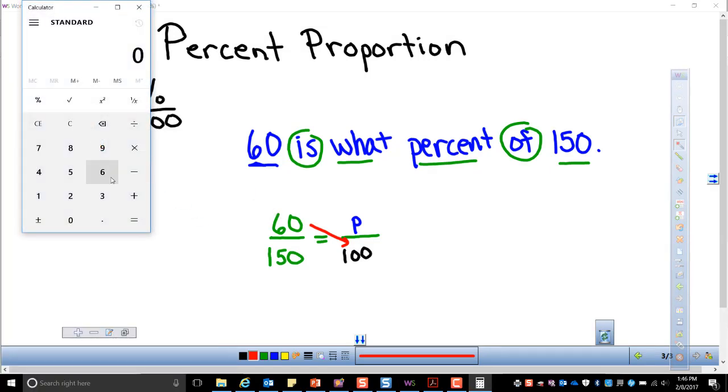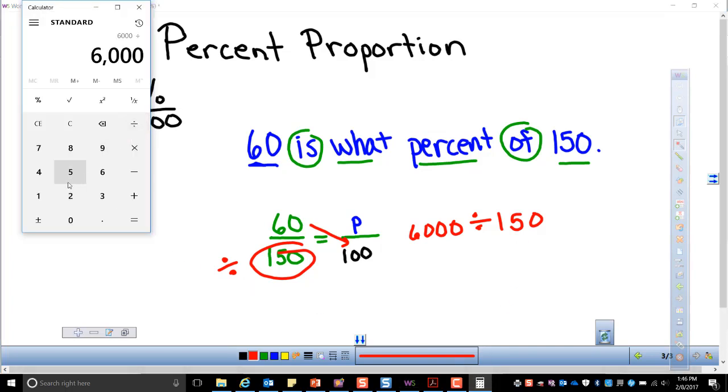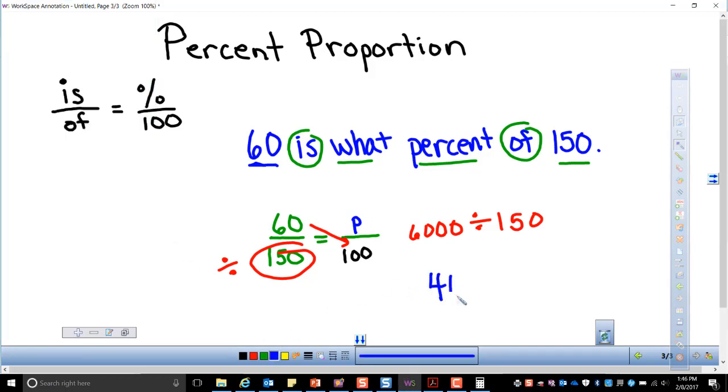So I'm going to take 60 times 100, which is 6,000. And then you're going to divide by 150, and that equals 40. So your answer is 40%. And I need the symbol because the question was what percent. So my answer is 40%.